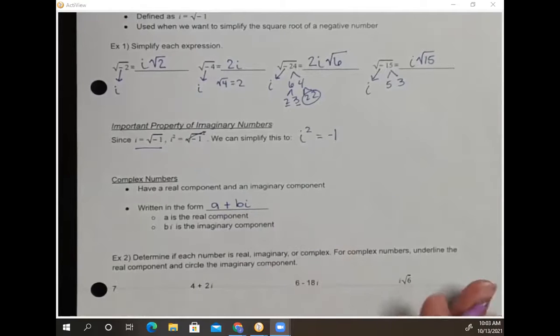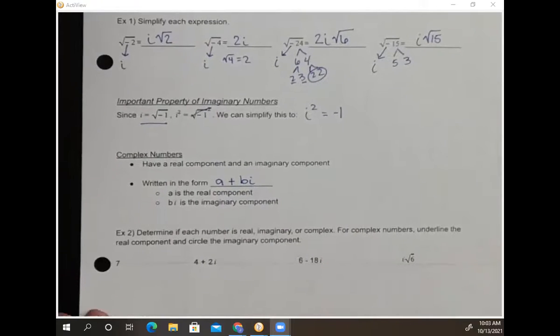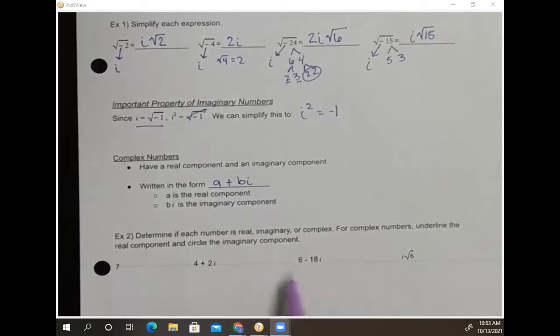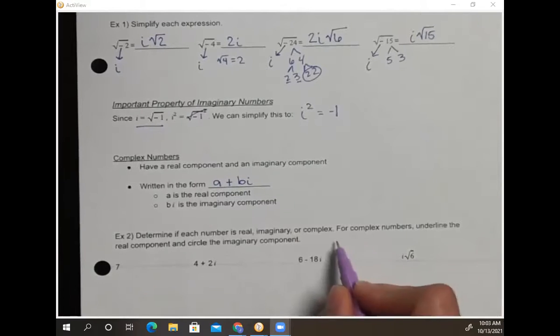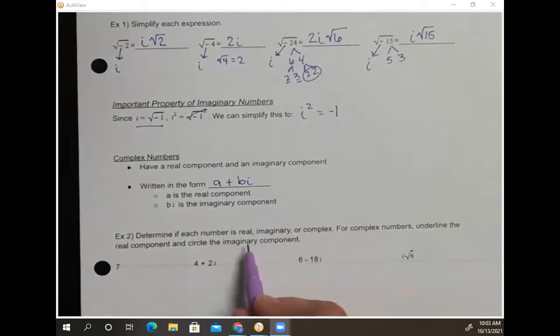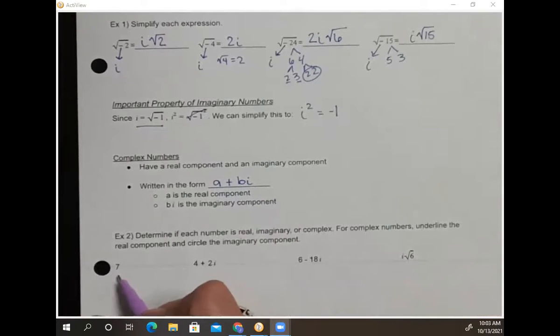So the last thing I want to do with you is talk about where each of these would fall in our number system for these examples down at the bottom. We're going to state if something is real, imaginary, or complex. For complex numbers, we will underline the real component and circle the imaginary component. So 7.